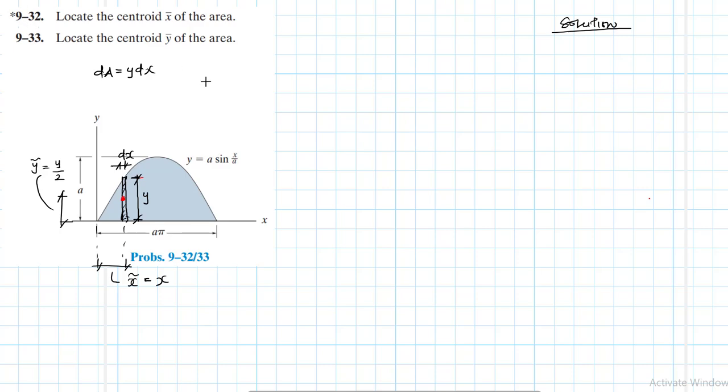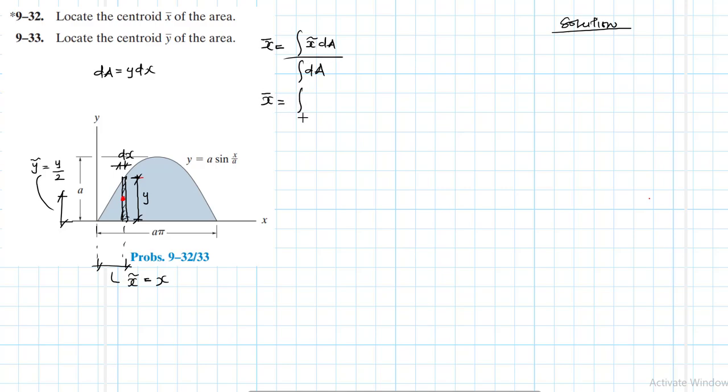So what we need to do now is to start working. Let's start with x bar. X bar is going to be equal to the integral of x curled dA divided by the total area, the integral of dA. These are moments of area. What is x curled?